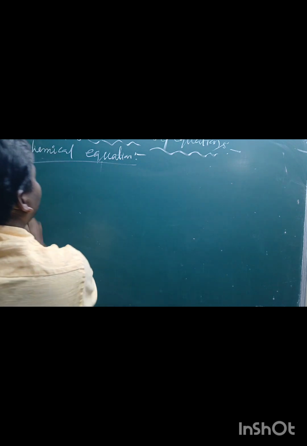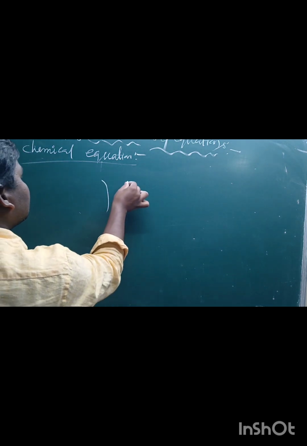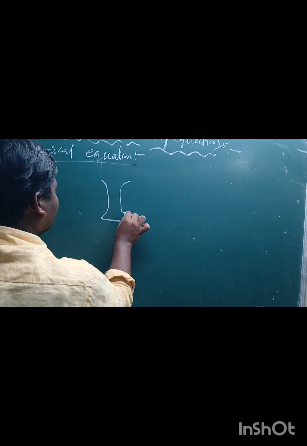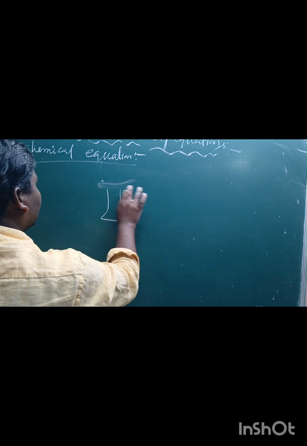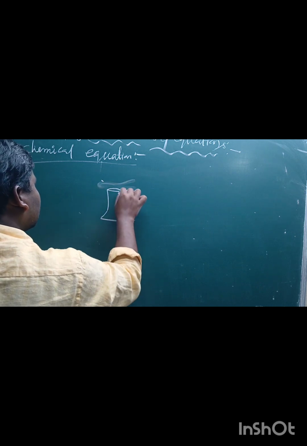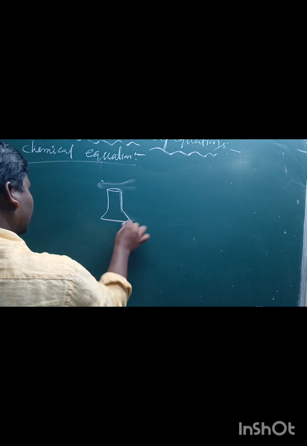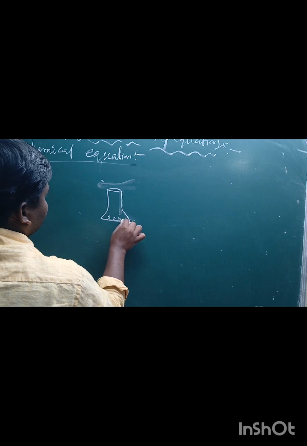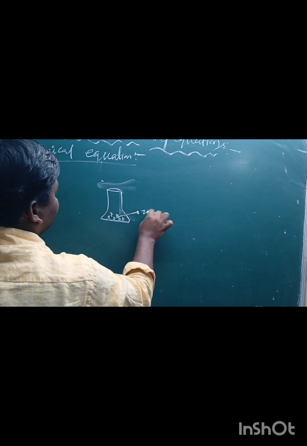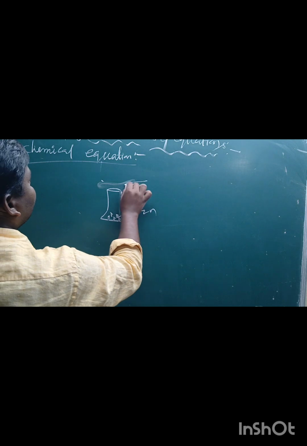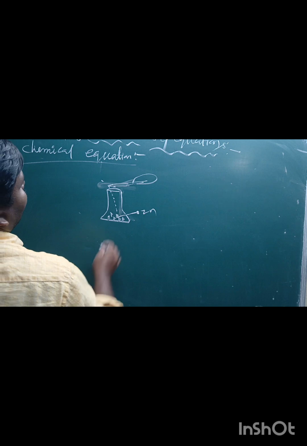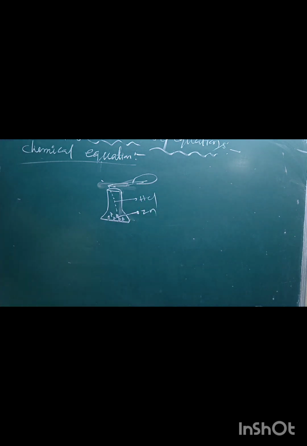Now I am taking a conical flask. Take a few zinc granules in the conical flask. Add a few ml of HCl to it.